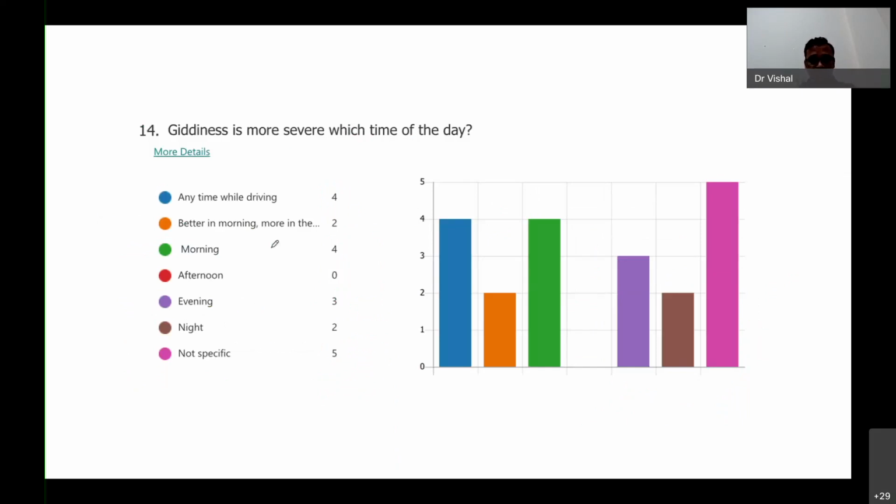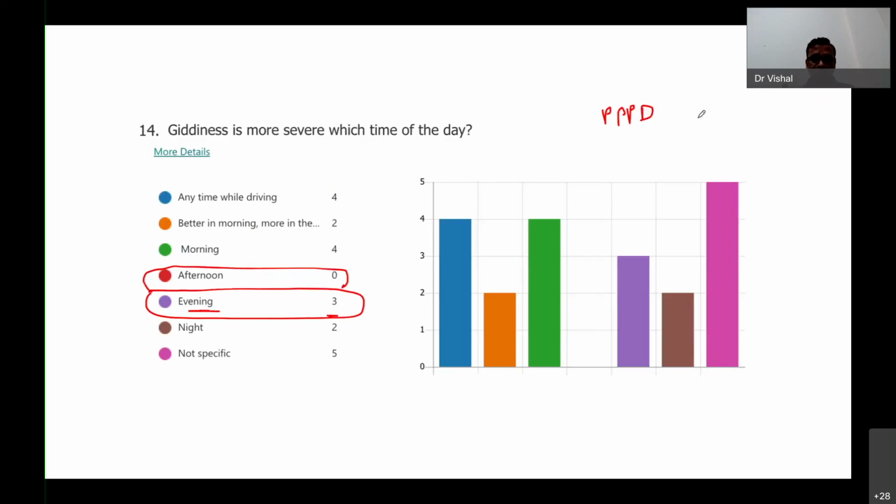Which time of the day they felt the symptoms more, and why I showed this particular is that the patients who experience this more in the evening time are the patients in whom we should look for associated triple PD, the presence of a functional disorder, that is persistent postural perceptual dizziness, is common.